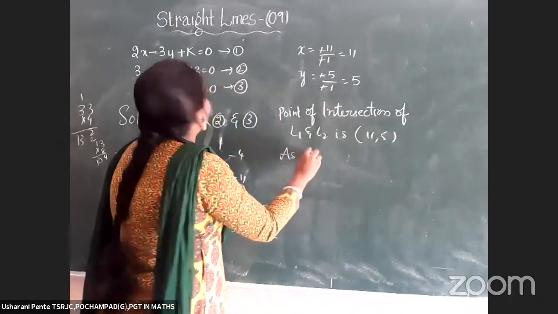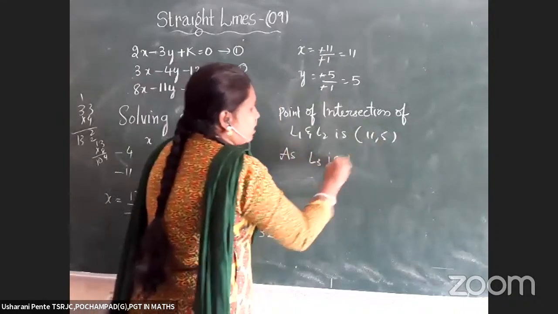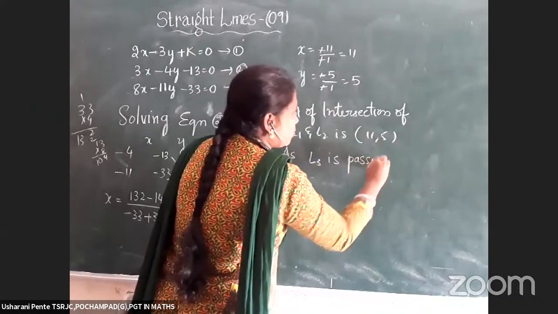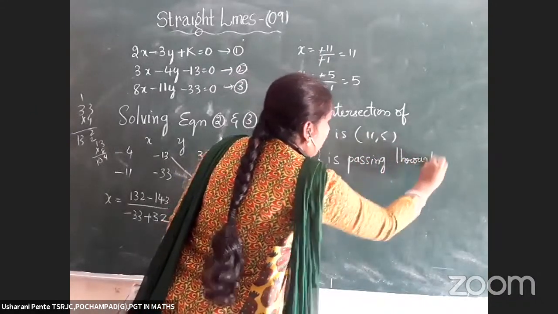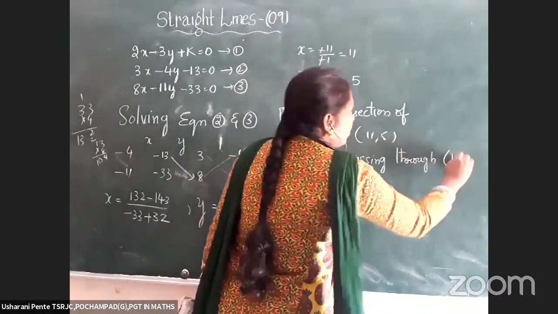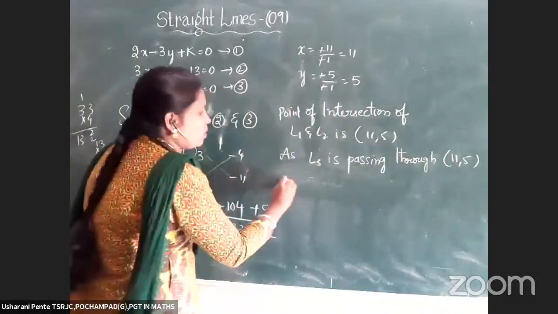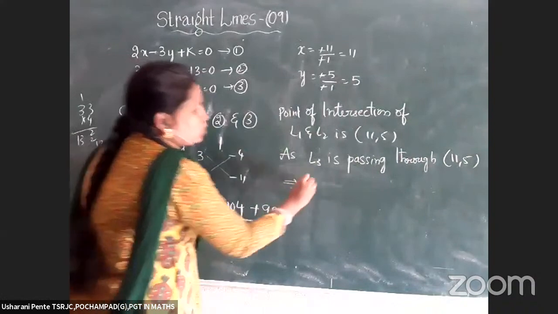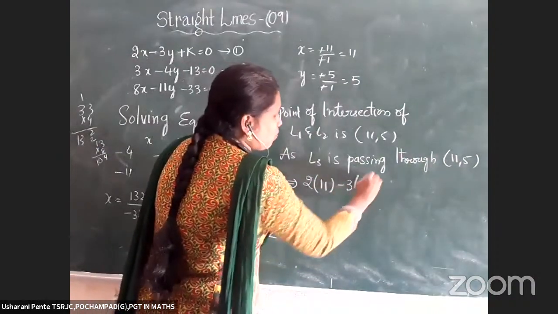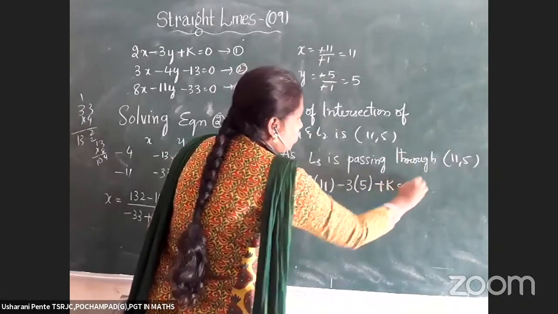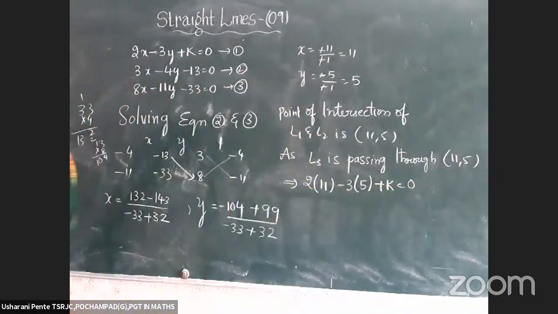As L3 is passing through 11, 5, this implies what? 2 times 11 minus 3 times 5 plus k is equal to 0.